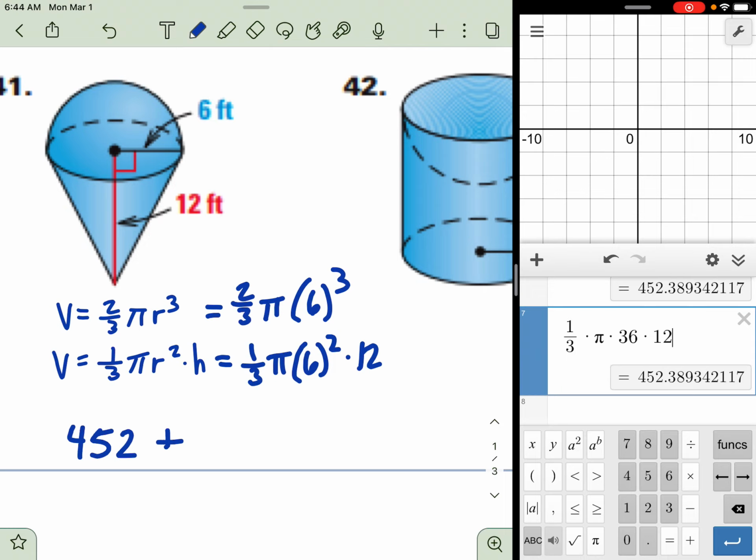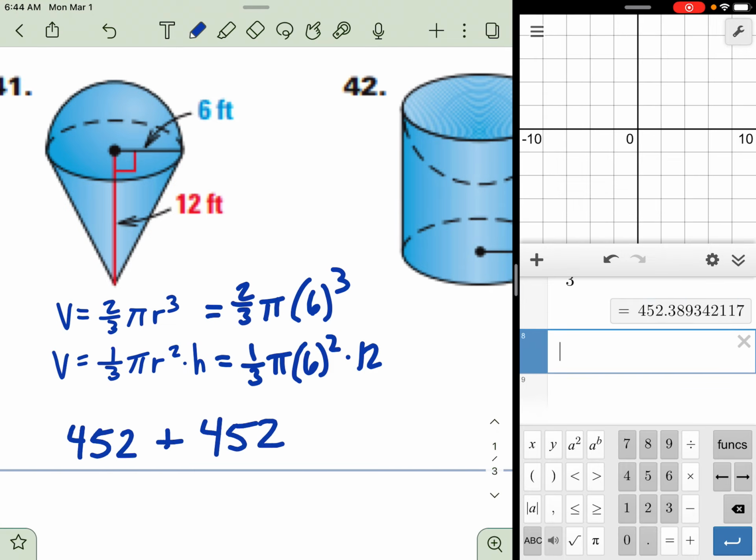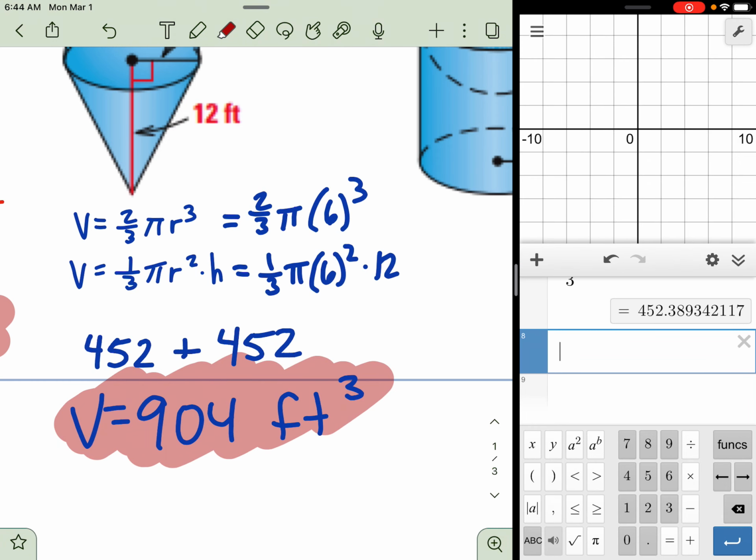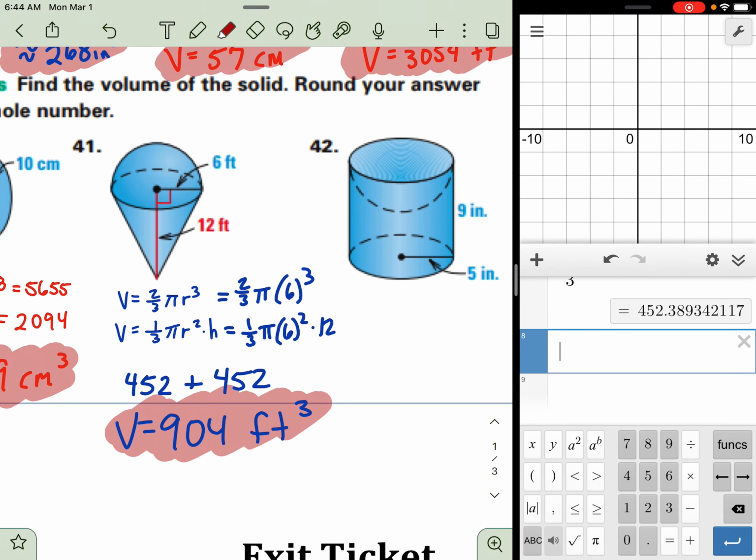And ironically, it has the same exact one, so this is 452. Okay, and so those two combined would give you what? 904 feet cubed. Okay, so that's for the ice cream cone.